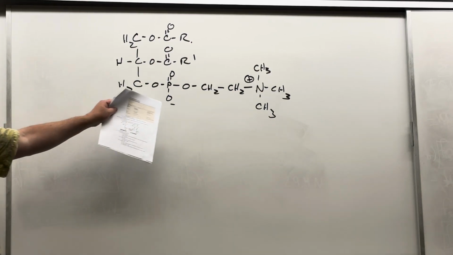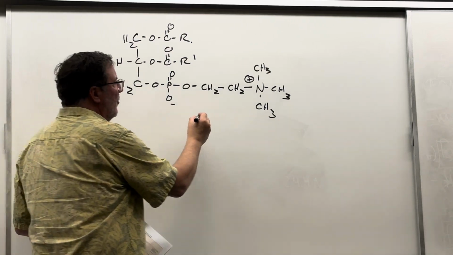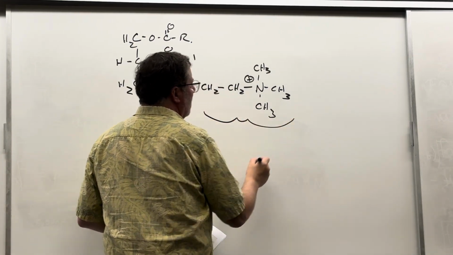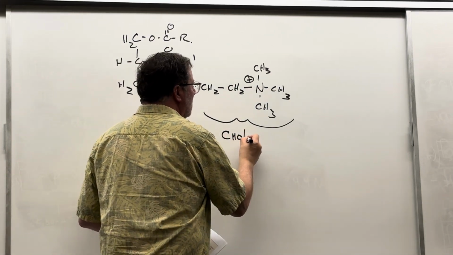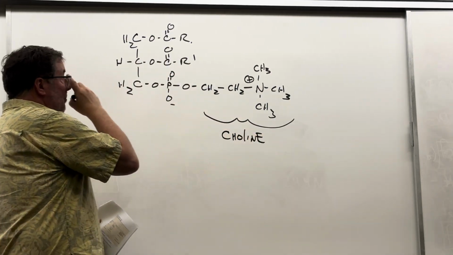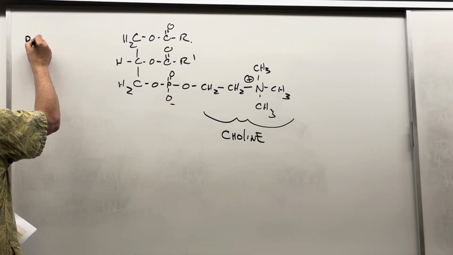So we end up with a zwitterion. This structure right here is known as choline. This whole molecule is known as phosphatidylcholine.